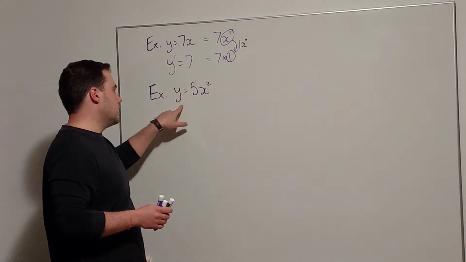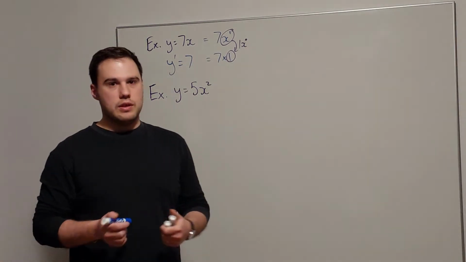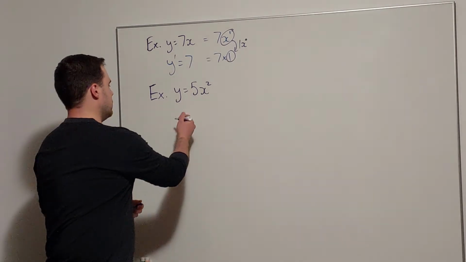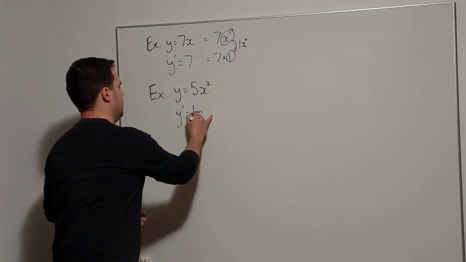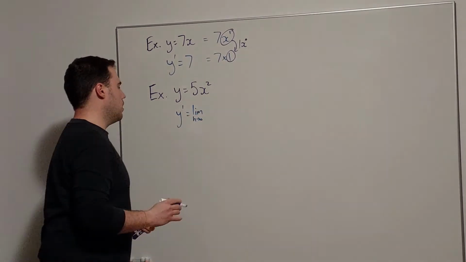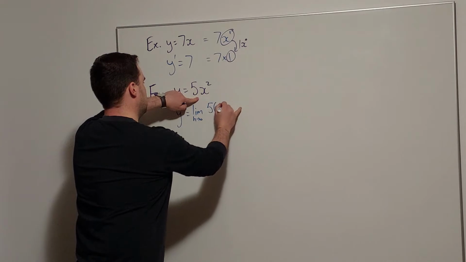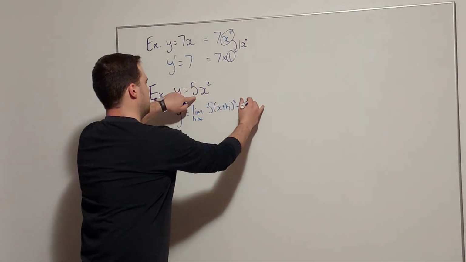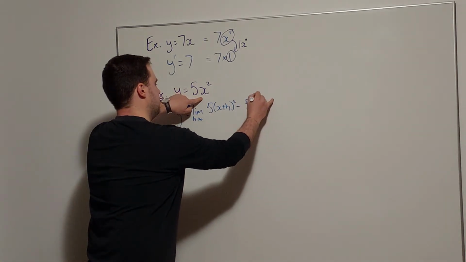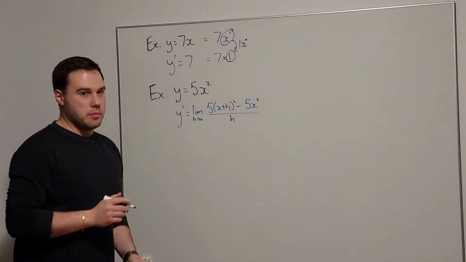But here, let's say we have y equals 5x squared, we're going to have to use the definition to differentiate this. So the derivative is going to be the limit as h goes to 0 of, and we're going to put x plus h into the function, minus the original function, and that's all going to be over h.